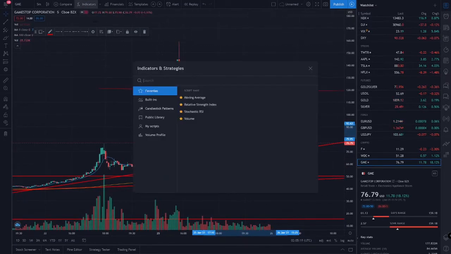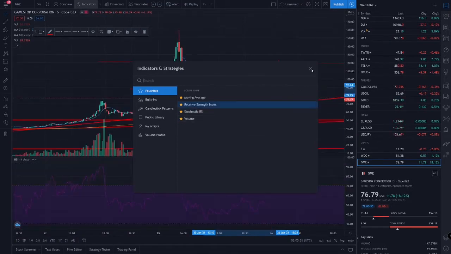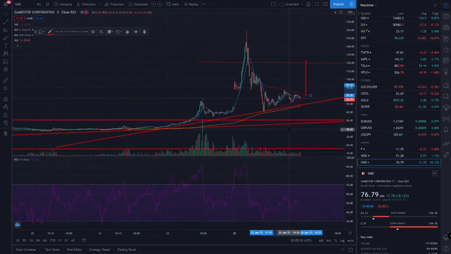Let's take a look at the RSI. I'm wondering if we're going to see a bearish divergence.